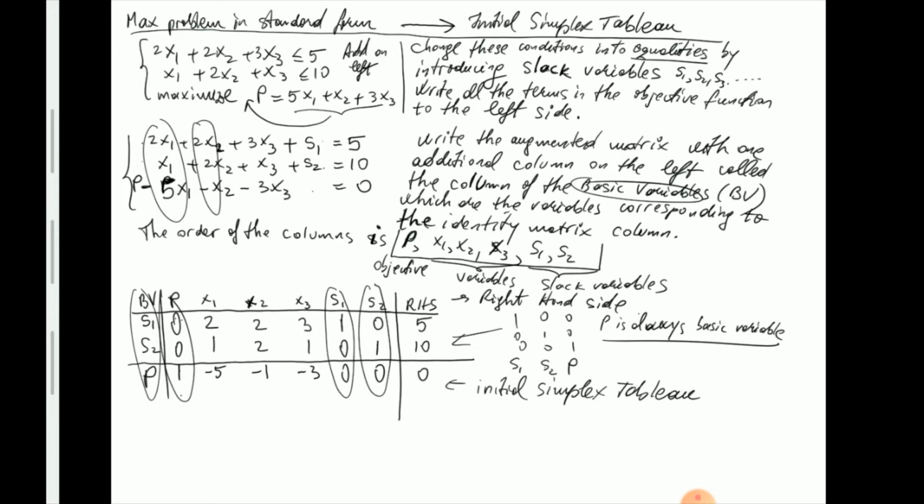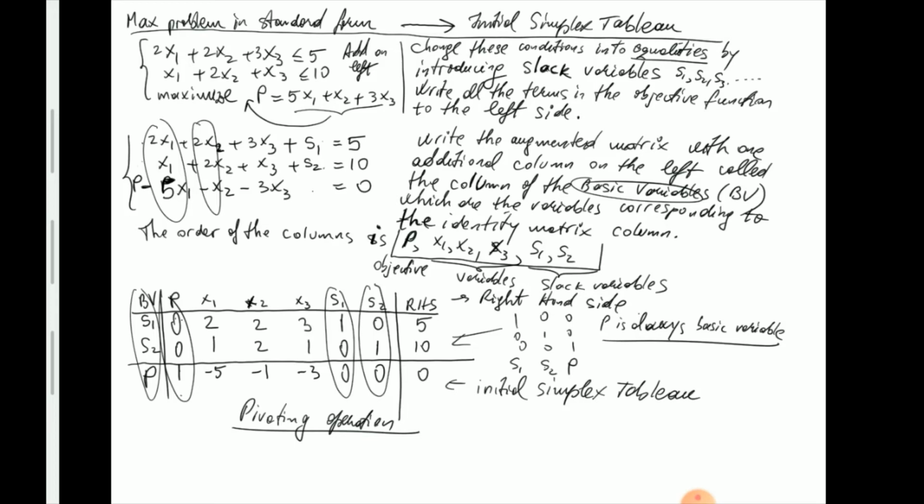So another important piece of information that we have to deal with in this class is the so-called pivoting operation. The main ingredient in dealing with this algorithm is to do the so-called pivoting operation. This means choosing one specific entry.